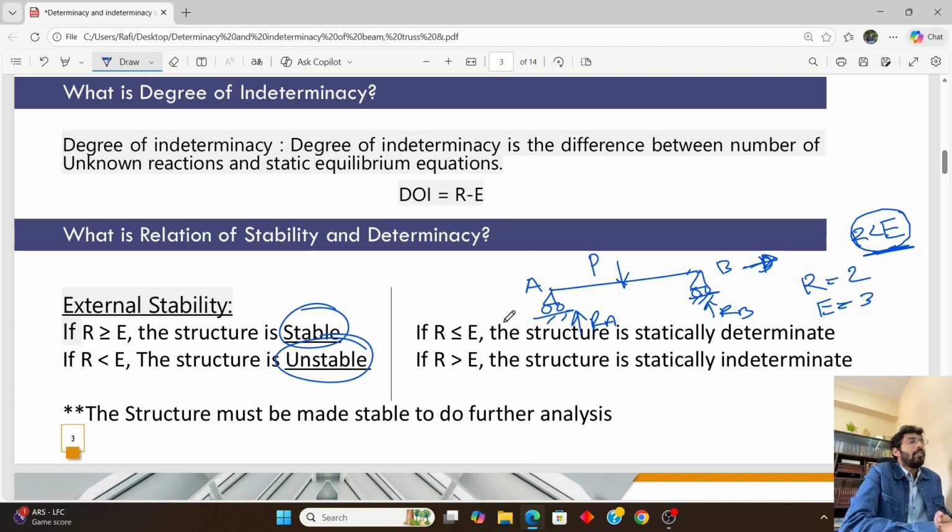And as we already know, if R is less than or equal to E, the structure is statically determinate. So whenever a structure is determinate, the DOI value is equal to 0, the structure is stable and determinate. But if there is a negative DOI value, then the structure is unstable.